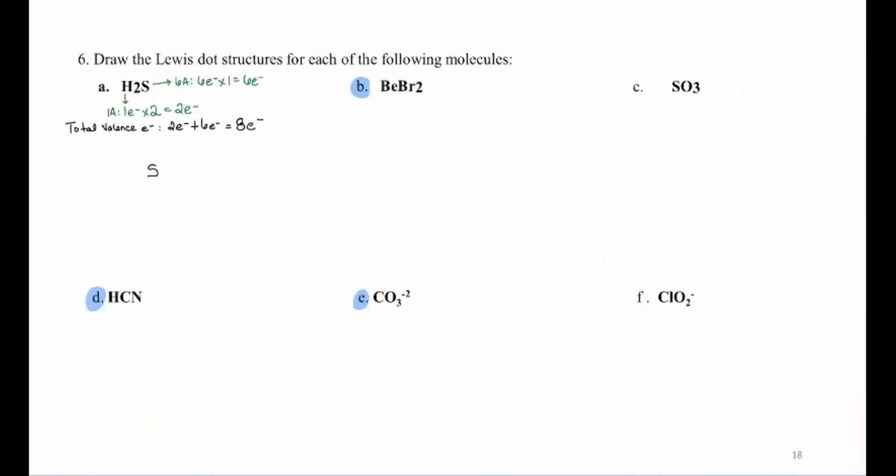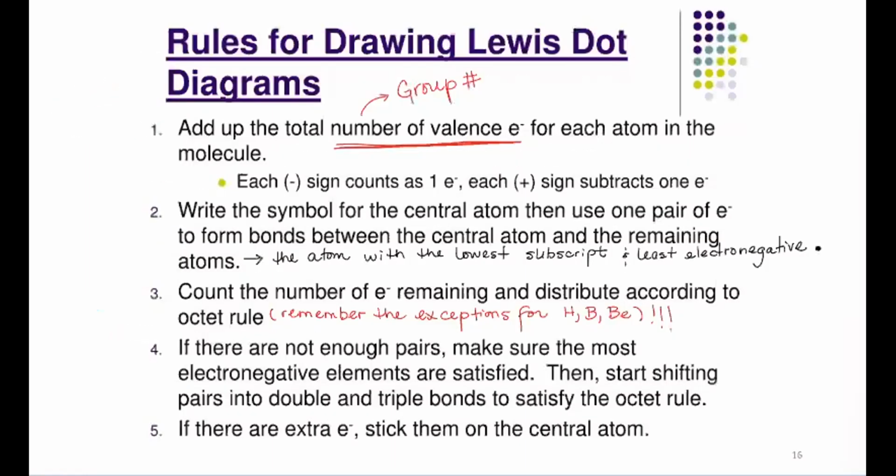So that's why sulfur is. Here you go. The central atom is going to have the lowest subscript, and it's going to be the least electronegative. Electronegativity we will talk about tomorrow.